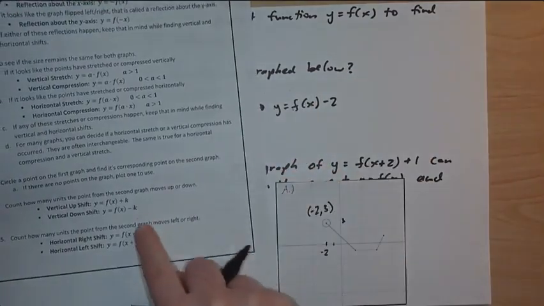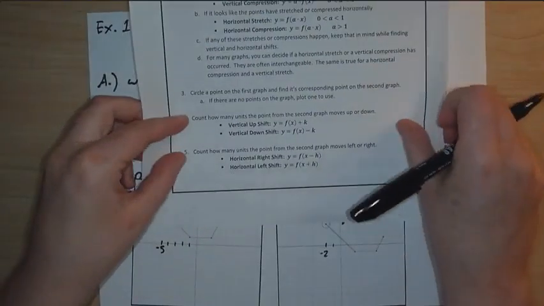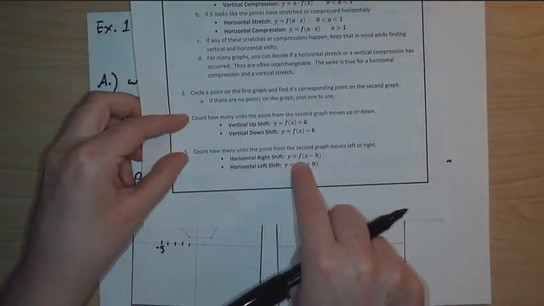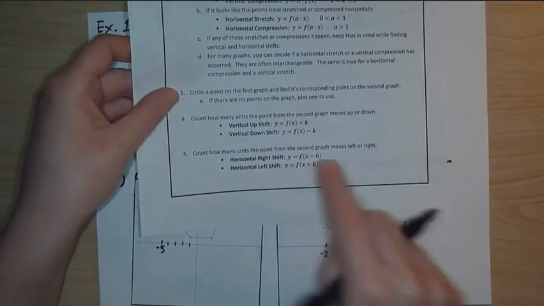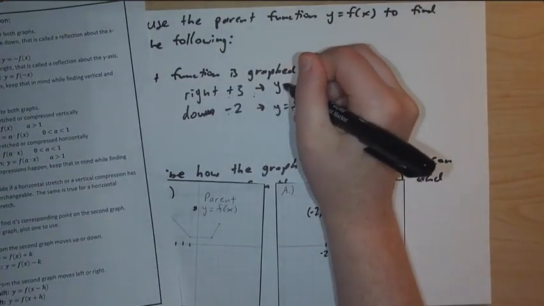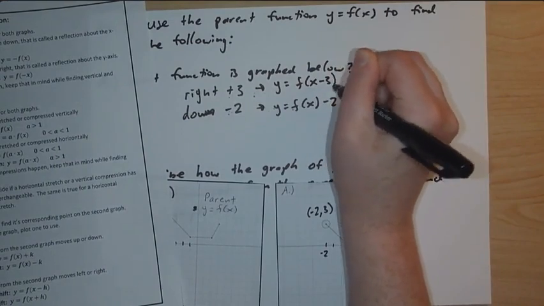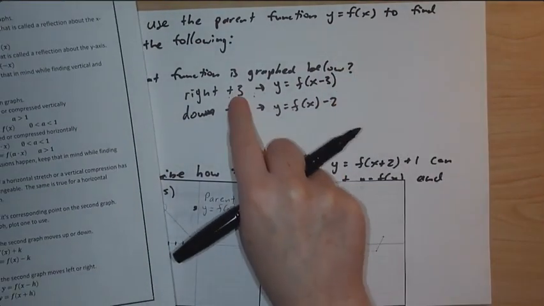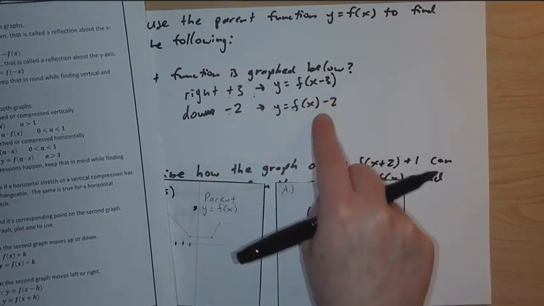So instead of k, we have our -2. And this right here, right +3, is going to be a horizontal right shift. Y equals f of x minus h is that pattern. So this right here is going to be y equals f of x minus 3. So the signs are opposite between horizontal and vertical.